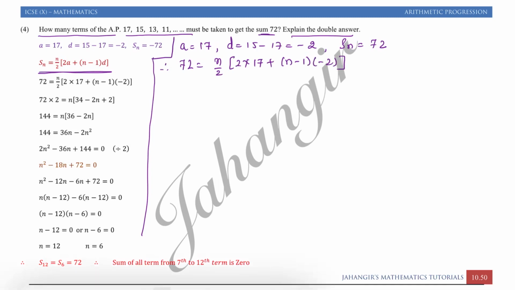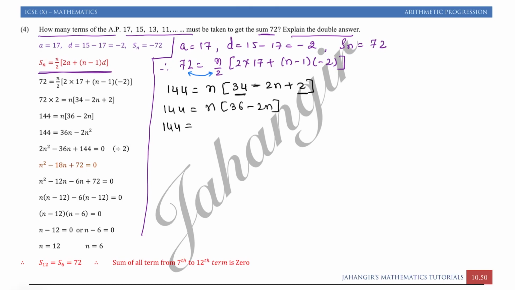We will cross multiply these two terms. 72 into 2 is 144, that is equal to n into 17 twos are 34 minus 2n plus 2. So here I get 144 is equal to n into 34 plus 2, that is 36 minus 2n.